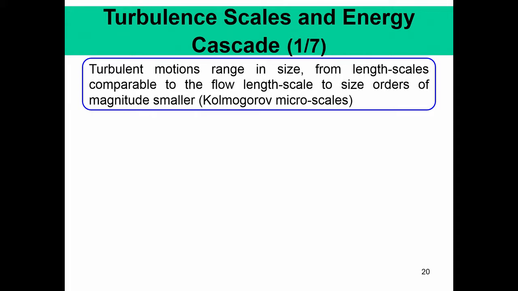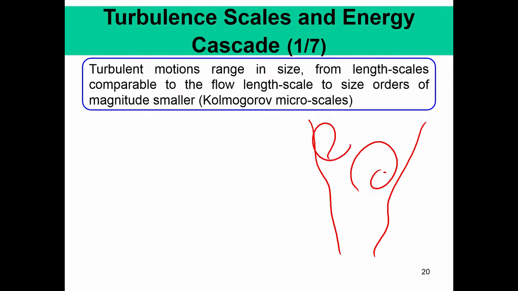The largest eddies are essentially of the order of the size of the jet, but they cascade into smaller and smaller eddies, which are much smaller. If the largest eddy for a jet is of the order of say 10 centimeters, the smallest can be of the order of a few microns, given the Reynolds number, of course.